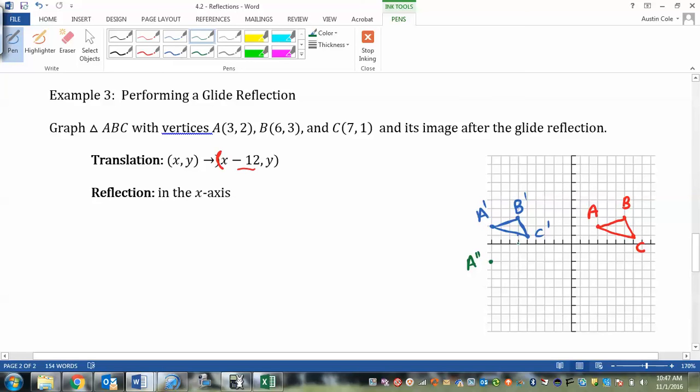B prime is 3 units above my axis of symmetry, so B double prime should be 3 units below. And then C prime is 1 unit above, so it'll be 1 unit below.